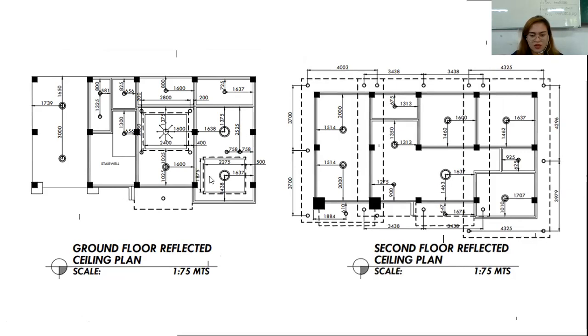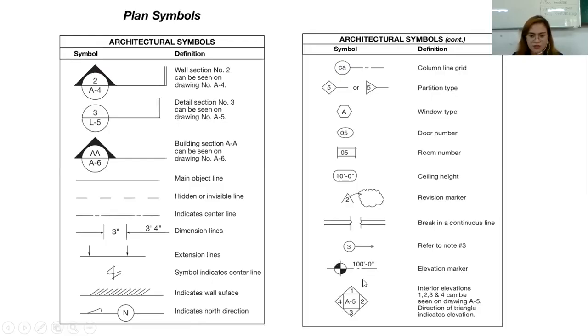So you put an elevation marker there. Let's say for example that is 2.8 from the finished floor line, so you put 2.8 meter.